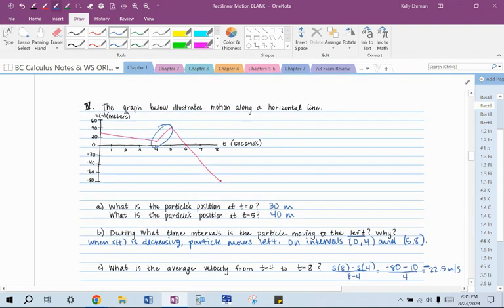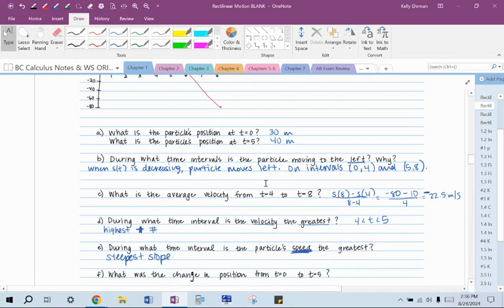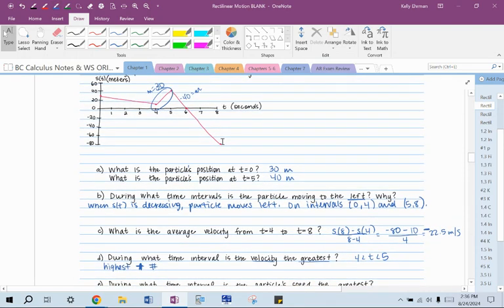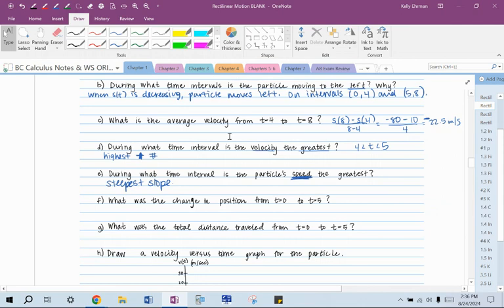Let's compare these two because they look kind of similar. We go from 10 to 40, so that's a slope of 30. This one goes from 40 to 0 in 1 second, so that's a slope of negative 40. So that's the steeper section. So that's on the interval from 5 all the way to 8. So steepest slope is 5 less than t less than 8.